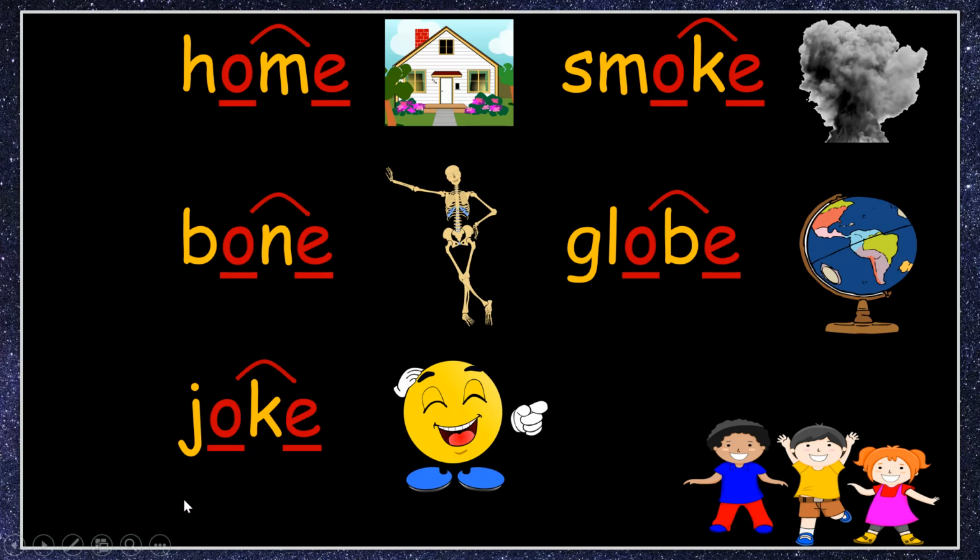And the third word here is joke. Joke. Good. And the fourth word here is smoke. Smoke. Good. And the last word here is globe. Globe. Good job.